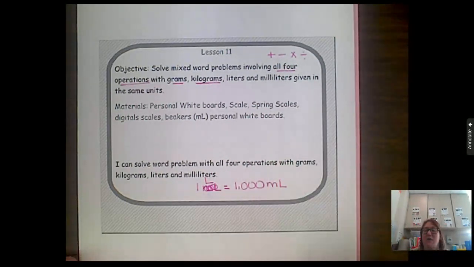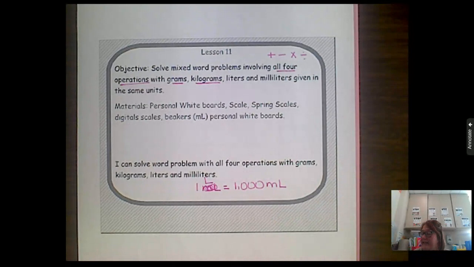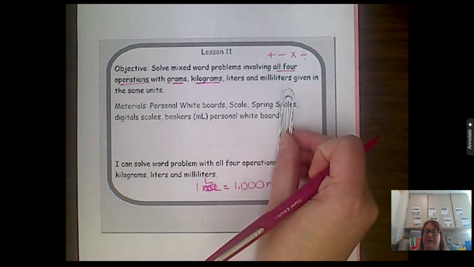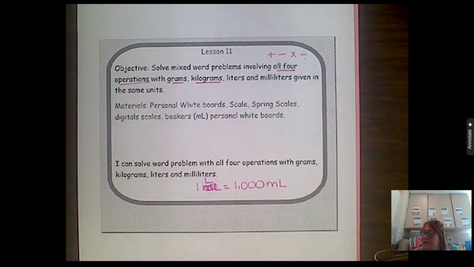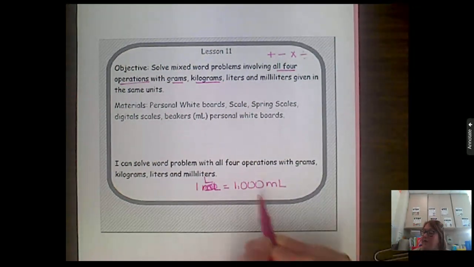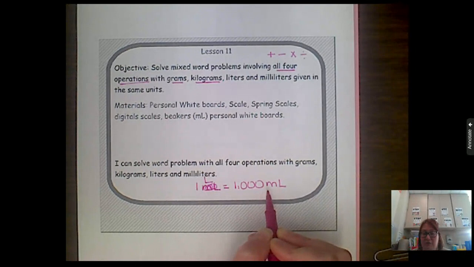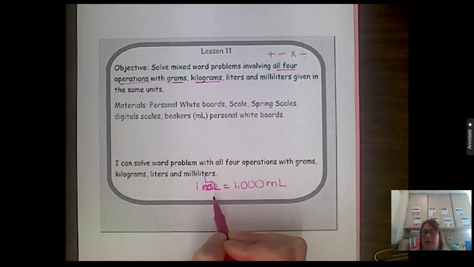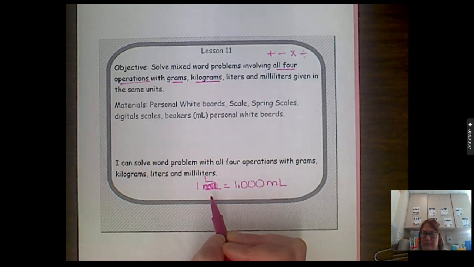So remember yesterday, and we just mentioned it again today, that it would take 1,000 paper clips, 1,000 grams, to equal a kilogram. The same thing. So it would take 1,000 milliliters, so 1,000 drops, to equal a liter. Okay, so we're going to talk about that a little bit more.